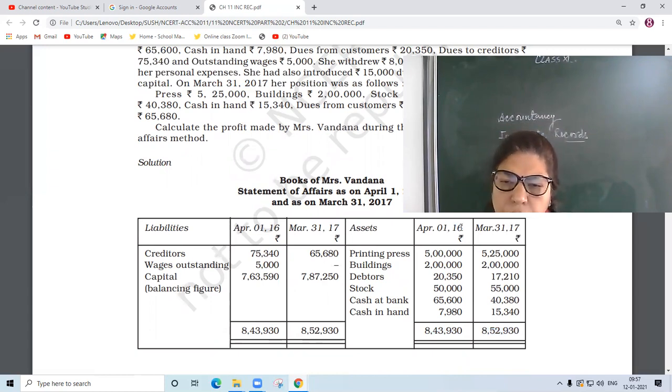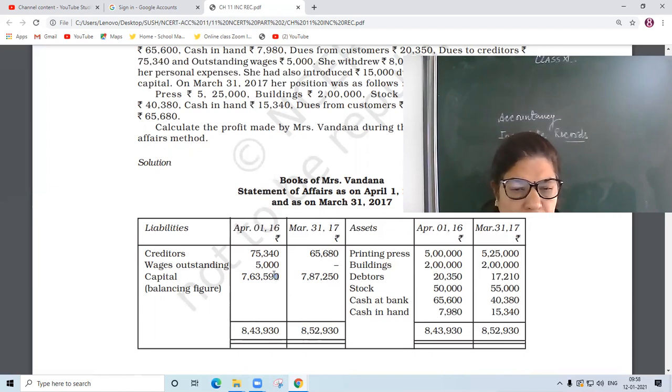This is for opening and this is for closing. Very good. Now see, creditors are liabilities. Outstanding wages is also a liability. In chapter 10, I told you outstanding means due but not paid. Okay, so 5,000 is due but not paid.